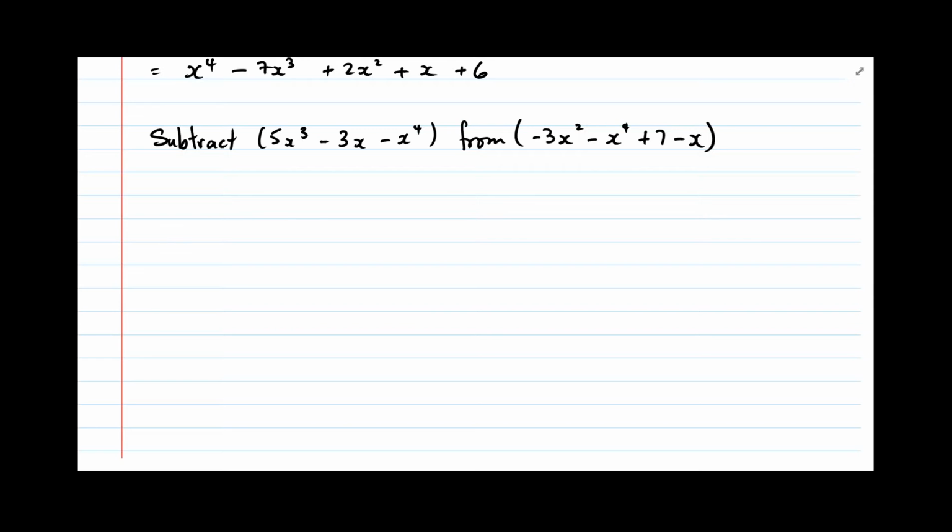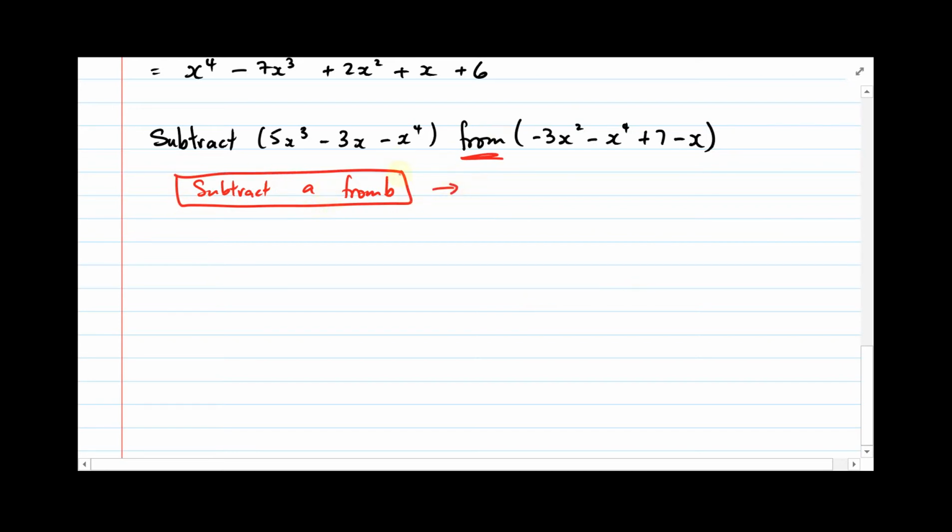So when we see the words subtract something from, right? If I have subtract A from B, recall what this means: the order is changed when you see the terms. A from B becomes B minus A.